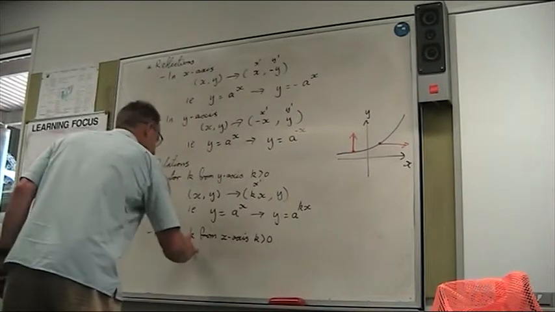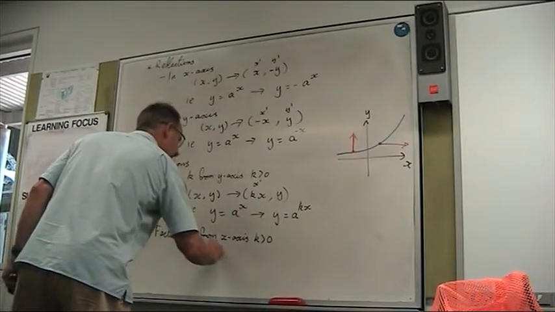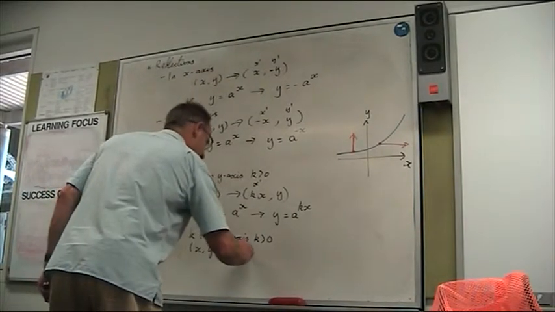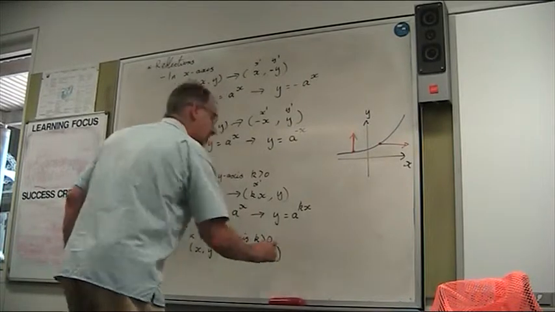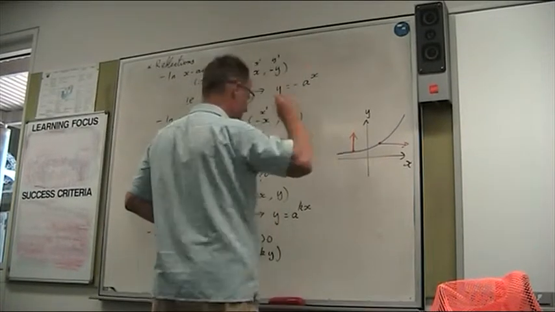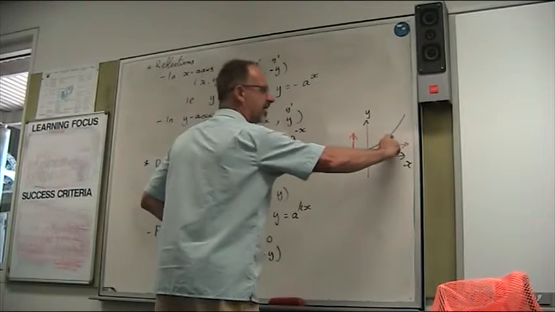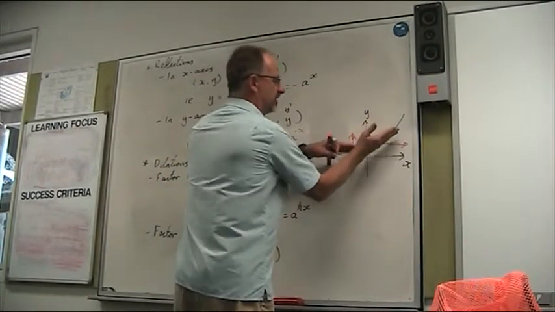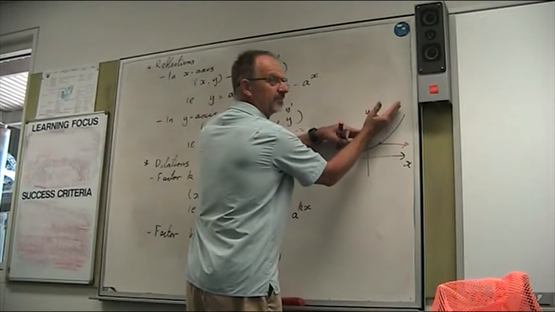It's effectively the same as a transformation, except it's a factor. So if it's 2, then that's twice as high, and then that's twice as high. Whereas the translation just moves everything up.